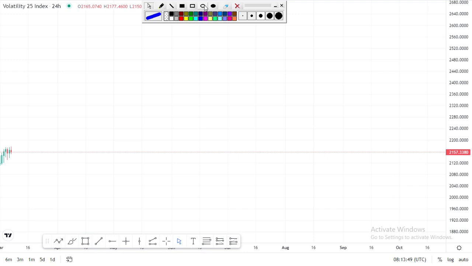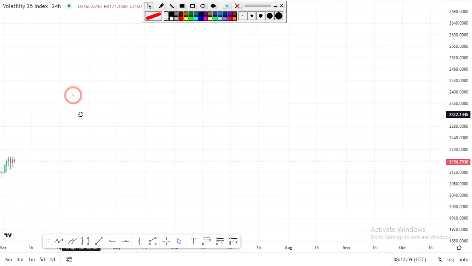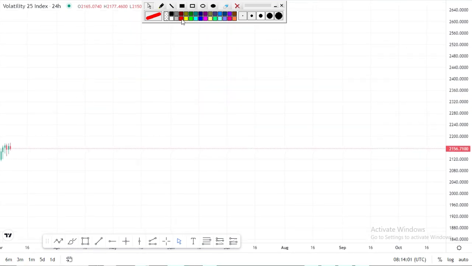So first, if you want to mark an order block for a bullish market, there must be a downtrending market already. You have something like this, then maybe from here you have something like this.